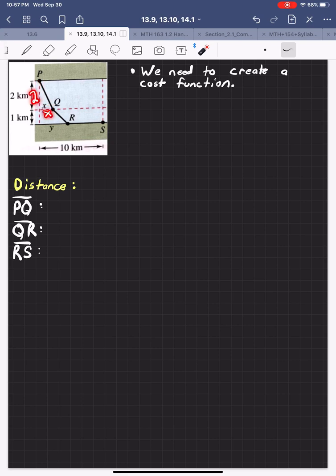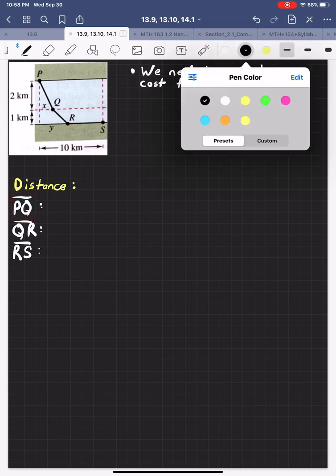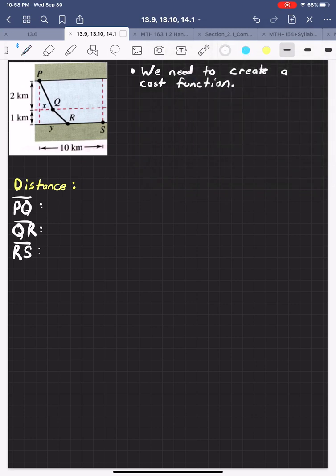The other side is x, because we don't know where we're going to stop. So if you simply use the Pythagorean theorem, you can write P to Q as a function of x. That's going to be the square root of each side squared, so x squared plus 2 squared, which is 4.